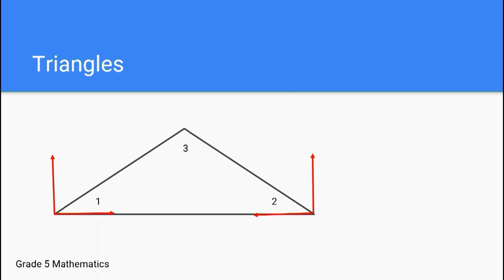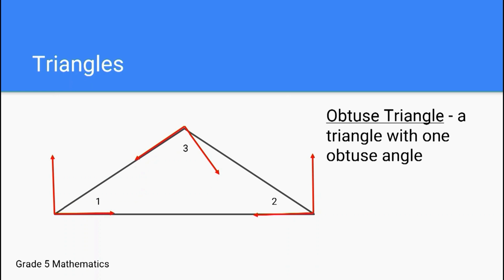We would call these acute angles. Angle 3 is greater than the red right angle. So that's an obtuse angle. When a triangle has one obtuse angle, it is called an obtuse triangle.